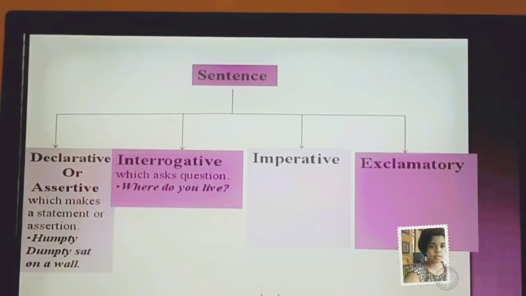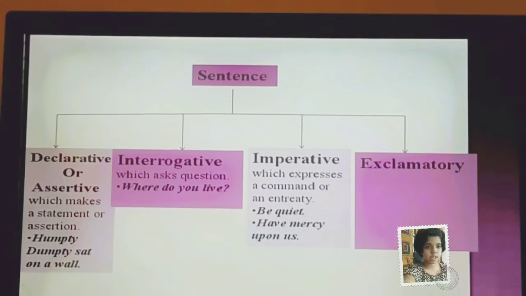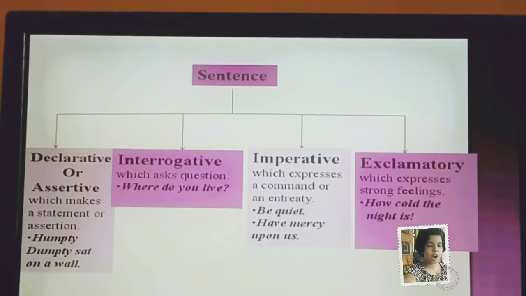Example: where do you live? An imperative sentence is one which expresses a command or entreaty. Example: be quiet. Have mercy upon us. Exclamatory sentences express strong feelings. Example: how cold the night is. What a shame.